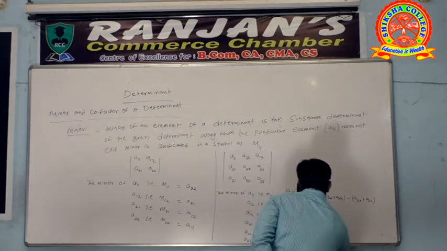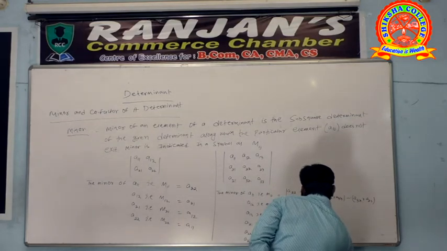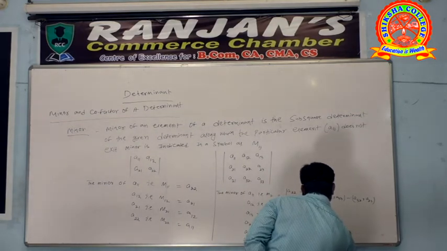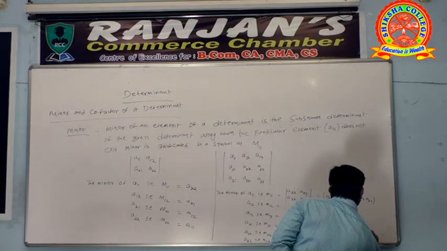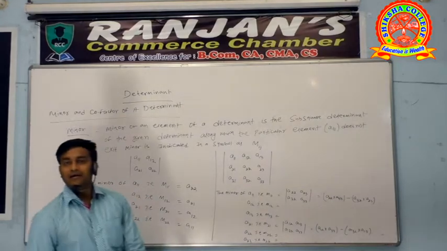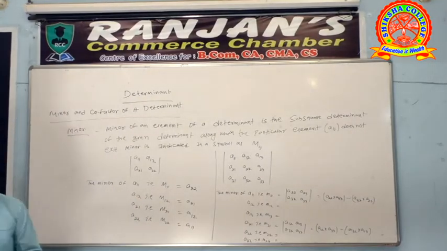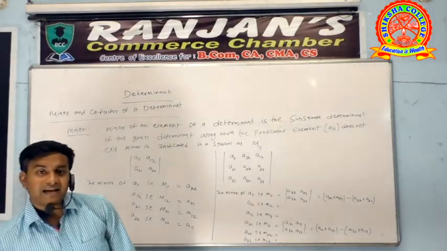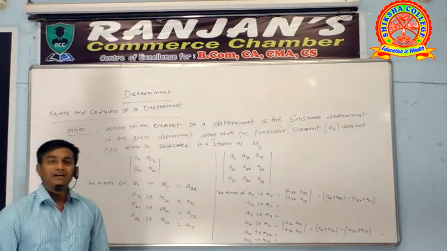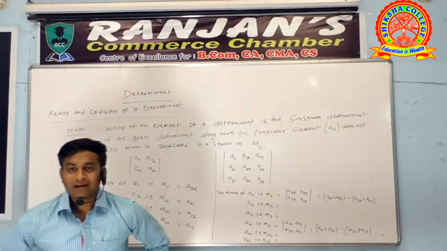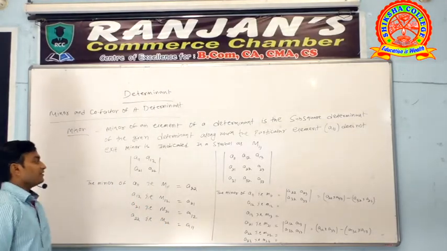Now multiply: A12 into A33 minus A32 into A13. Okay? Clear, students? Is it understood? How to find the minor of each and every element? Don't worry, this is symbolic.